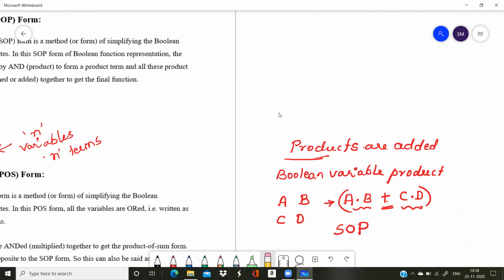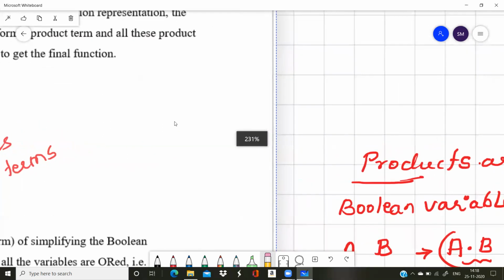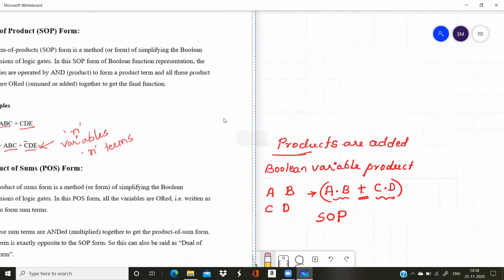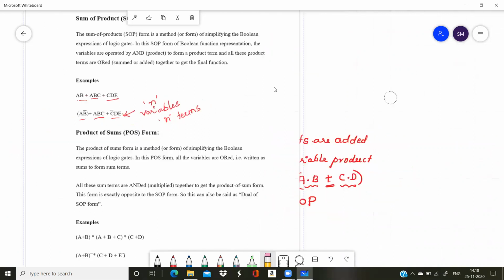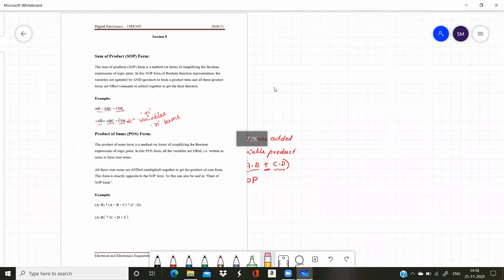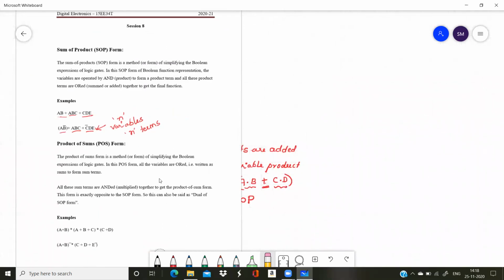So here definitely it's nothing but product of sums, right? Product of sums.